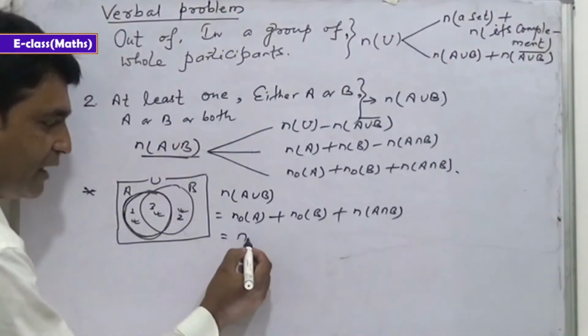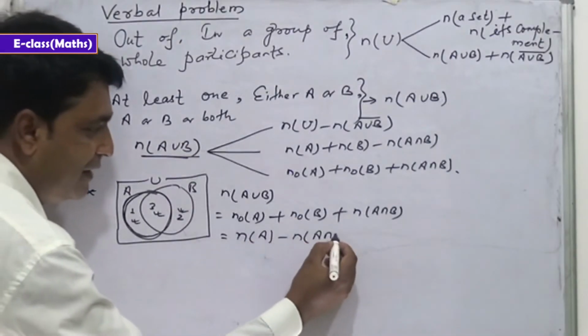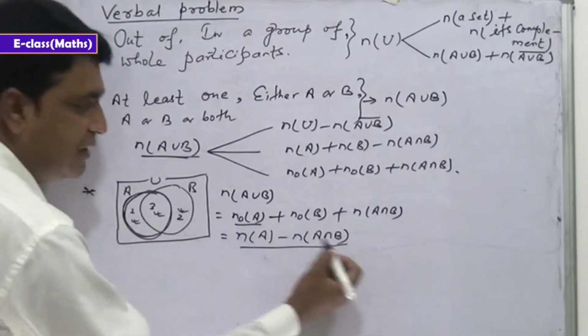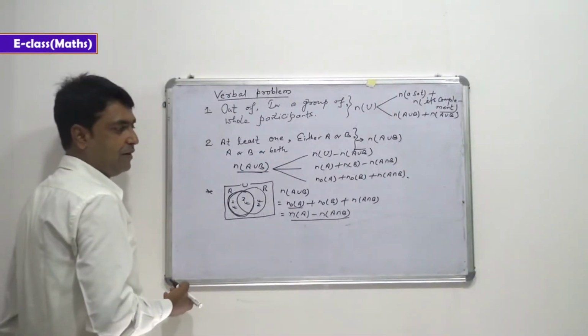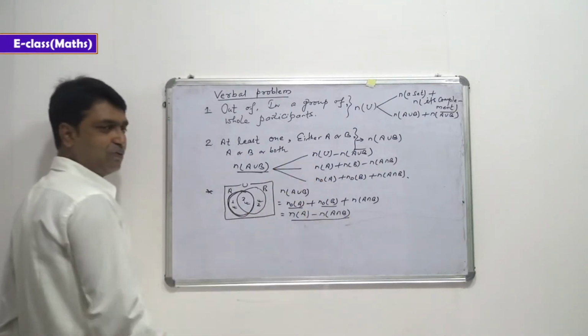Instead of this, can I write here n(A) minus n(A intersection B)? Instead of this, I have written this whole. अब भाइ बहिनीहरु सोच्नुस् त यसको बारेमा, सोच्नुस्.